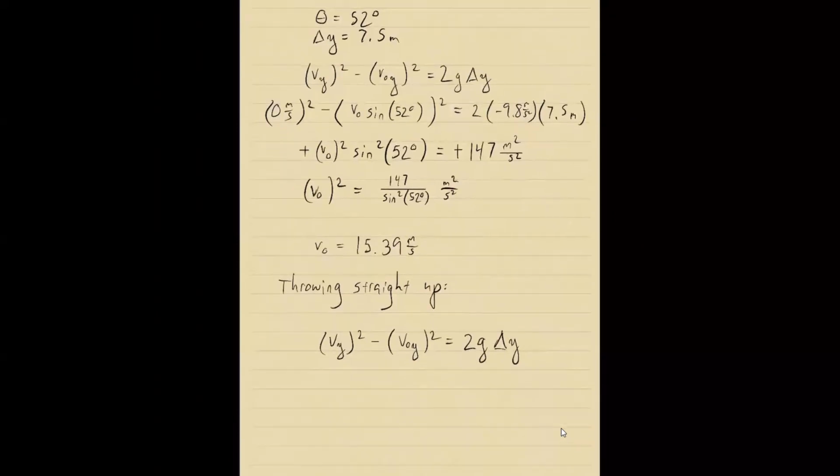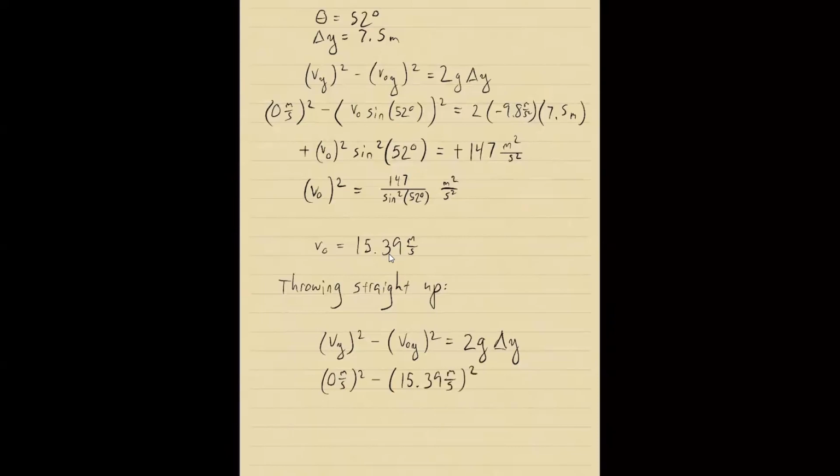Just like before, the velocity in the y direction at max height is going to be 0, so this term is still 0 squared. But now our initial velocity in the y direction is just 15.39 meters per second, because we're directing all of that magnitude straight upwards. We're no longer firing at an angle. So the y component of our initial velocity vector is what we just found to be 15.39 meters per second.